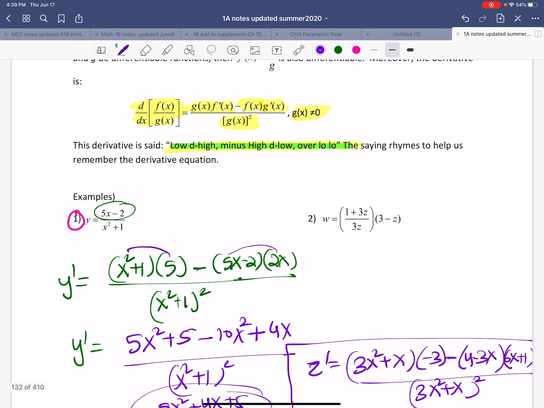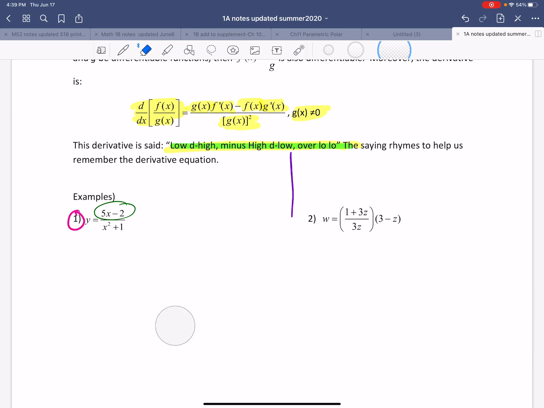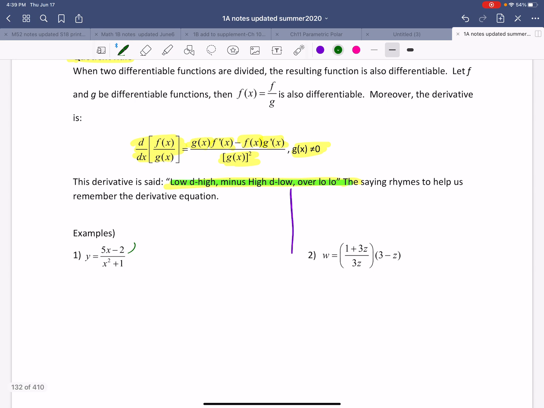Let's see example number 2. Here we have w equals... All right, looks like I'm going to have to use the product rule and the quotient rule. To make my life easy, I'm going to go ahead and multiply the numerators and then go from there.